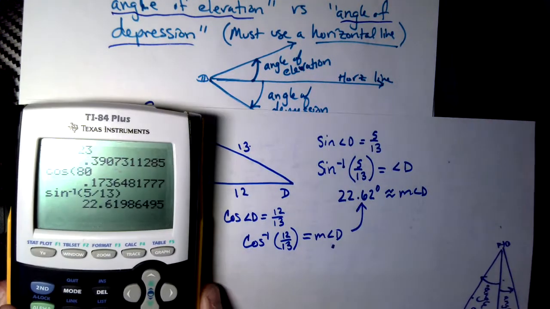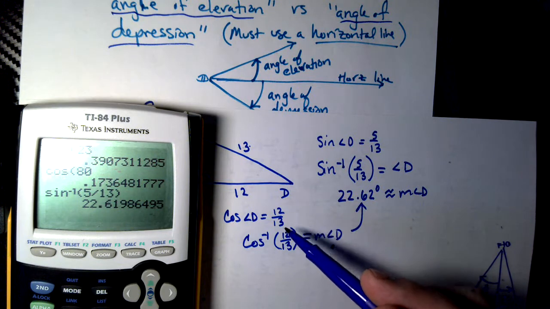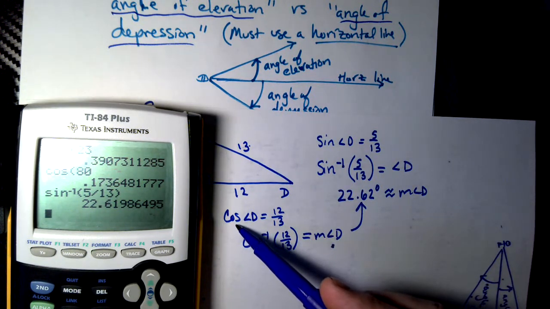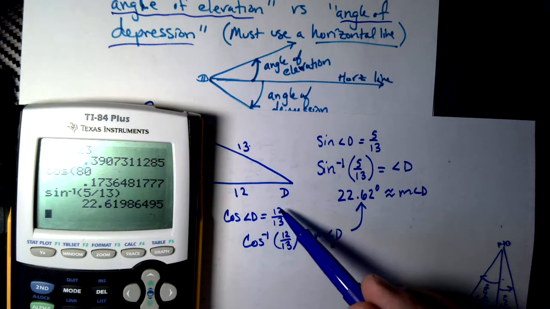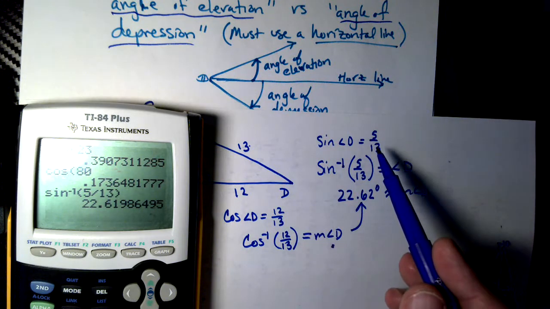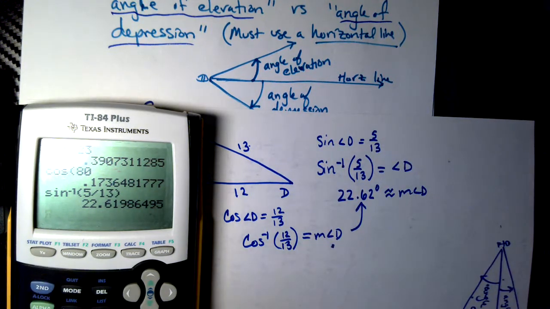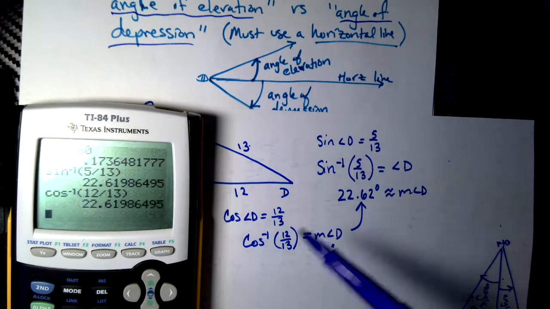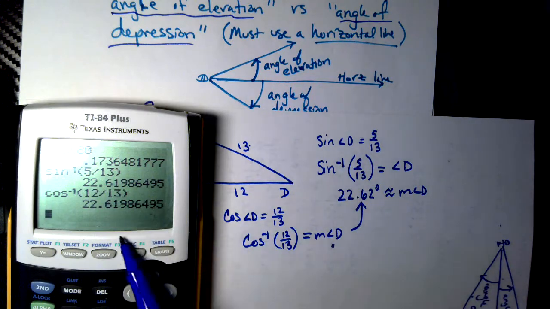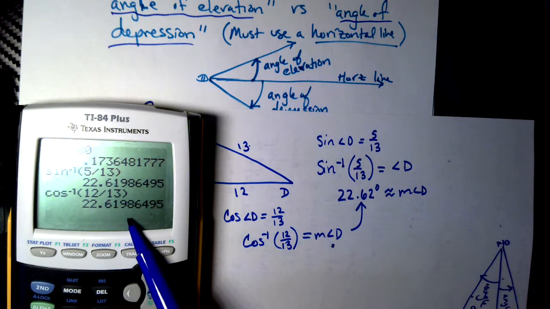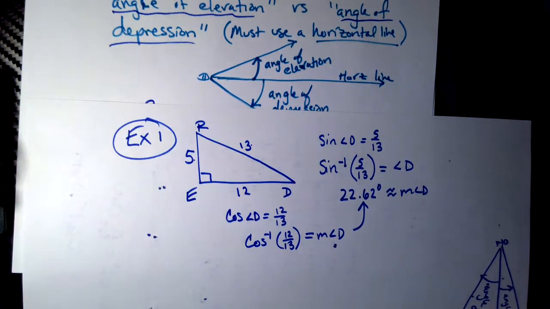I use a different trig function, cosine, but that uses a different ratio, 12 over 13 compared to 5 over 13. If I did second cosine inverse, so maybe some kids use cosine instead of sine, it wouldn't matter. It would give us the exact same decimal, 22.62.